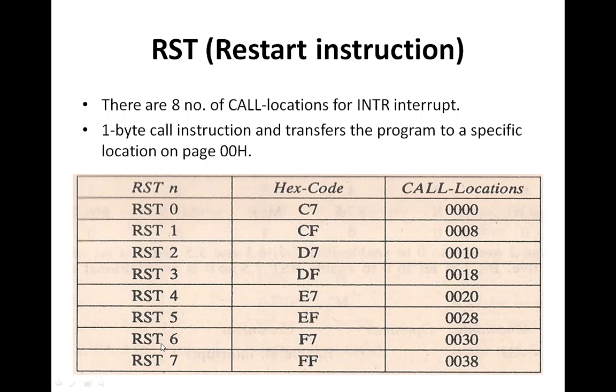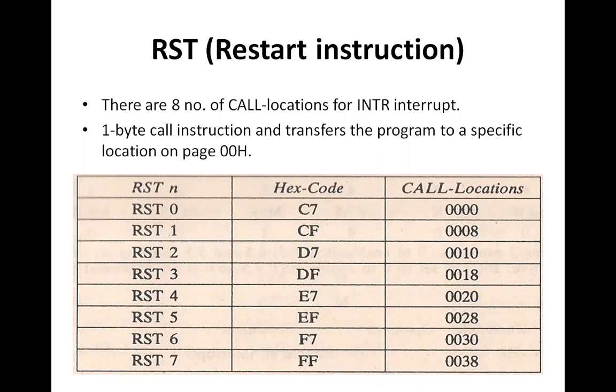For the INTR instruction, external hardware is used to transfer the program to a specific call location. The hardware circuit generates the RST code for this particular purpose, and the INTR line is sampled by the microprocessor in the last state of the last machine cycle of each instruction.